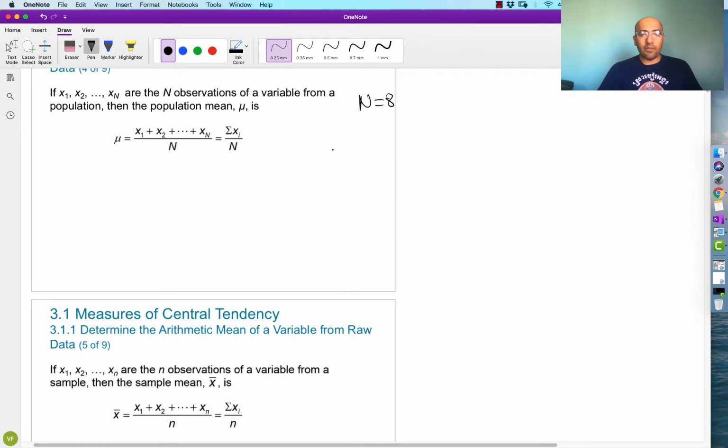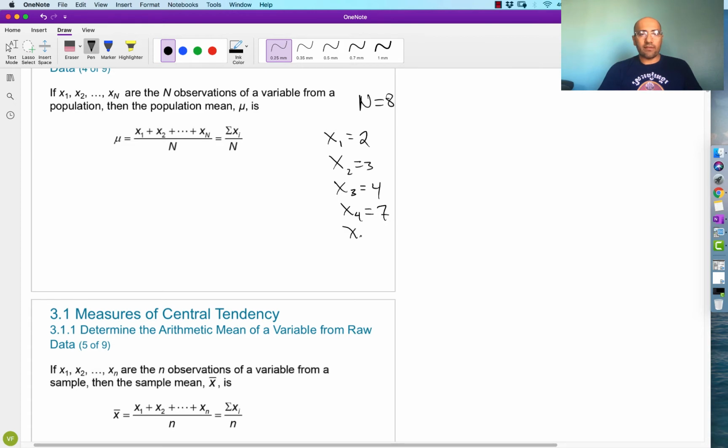So if we have a population like this, then let's say the first value in my population has the number 2. The next value has the number 3. The next has the number 4. The next has the number 7.